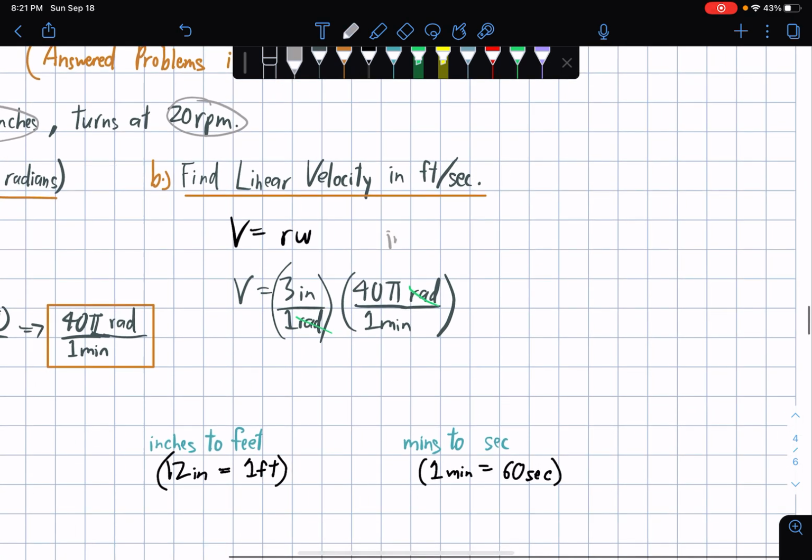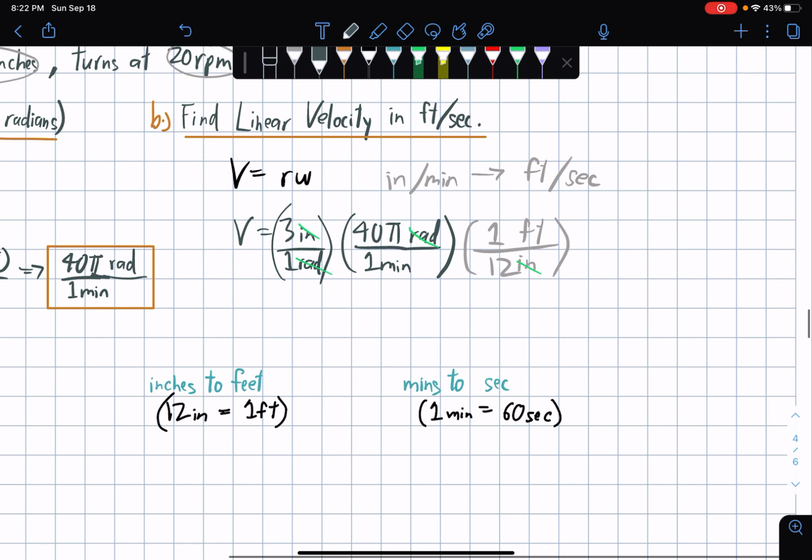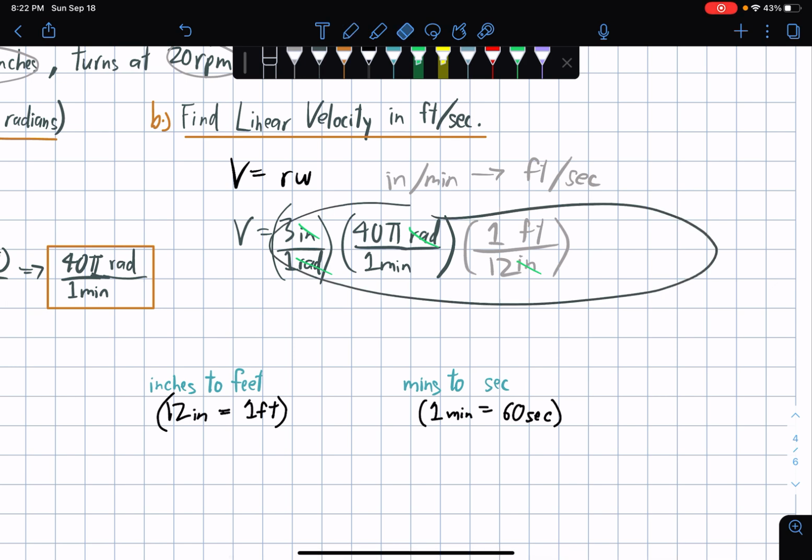So currently we have inches per minute. As you can see here, we want it in feet per second. So let's first start with eliminating inches to feet. Inches should be in the denominator, and our new value, which is in feet, should be at the top. So 1 foot is 12 inches. Cancel the units. Simplify, this is 4. But we don't really have to cross cancel if you're going to put the values in the scientific calculator.